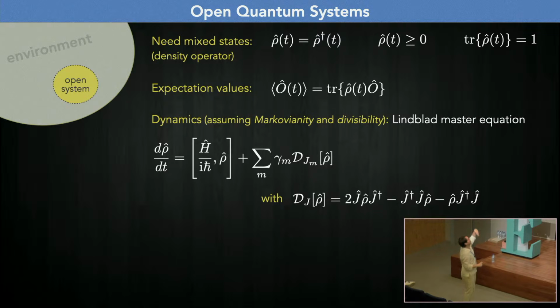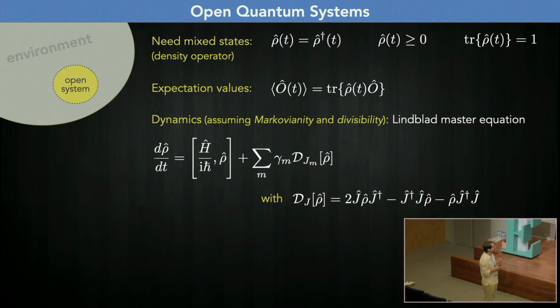But whenever you have an environment, you also need to put the second term in the sum, which are processes that we call incoherent processes, and I will give you an intuition of all this in a second, that have this funny shape. So essentially, you have a sum over processes. You can have many processes, depends on what the environment is doing. Maybe it's dissipating, maybe it's giving energy, maybe it's creating dephasing. We will talk about a few of these. So for every process, you have one of these D terms.